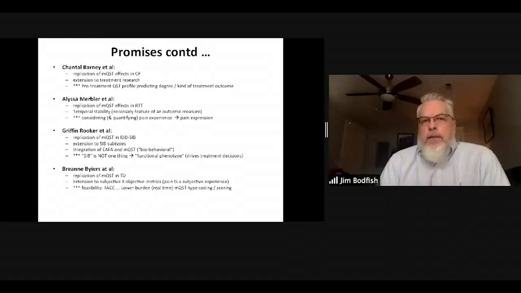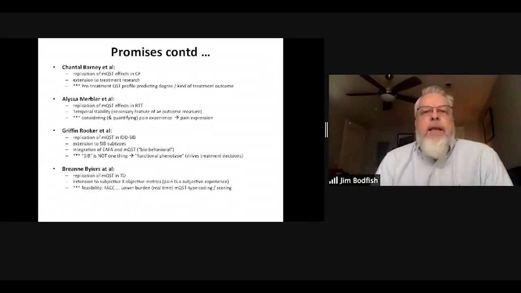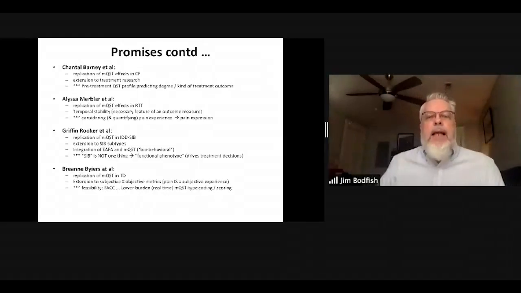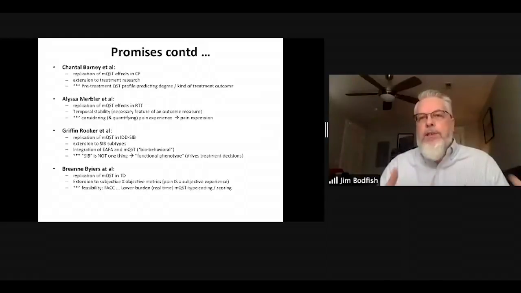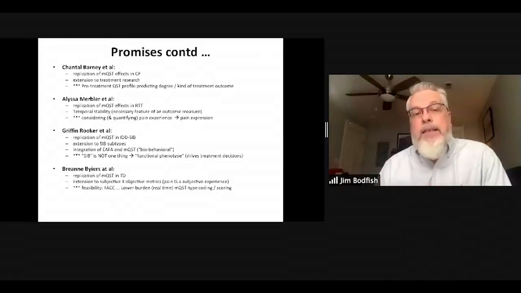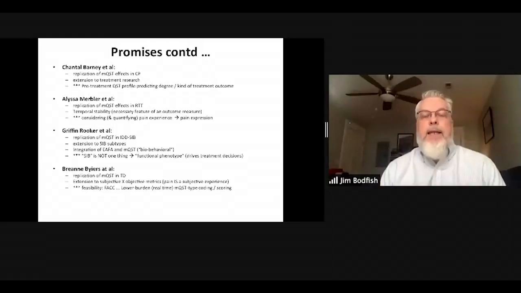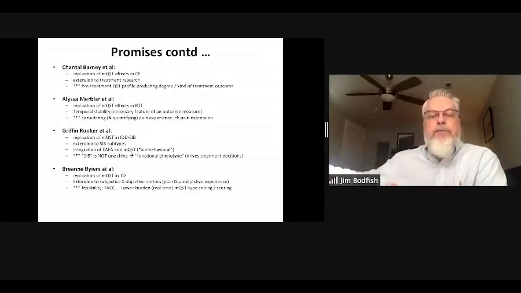So in the talk that Frank and Chantel gave in the area of CP, well, first, across all of these talks, we saw a replication of basic psychometric characteristics of this approach in different populations. So in addition to rigor, we're seeing reproducibility here. And then in the talk on CP, we're seeing the potential for this to extend to treatment research, and the very exciting possibility, if this is replicated, that a pre-treatment QST might predict the kind or degree of treatment outcome.